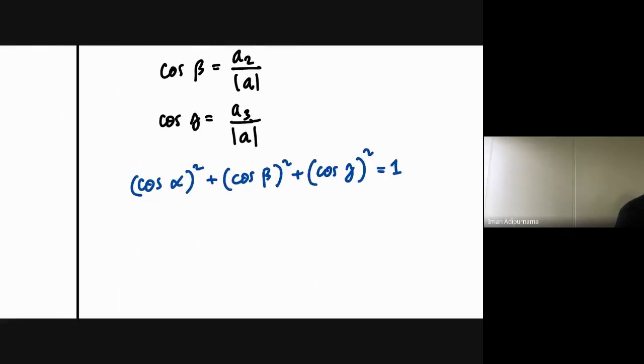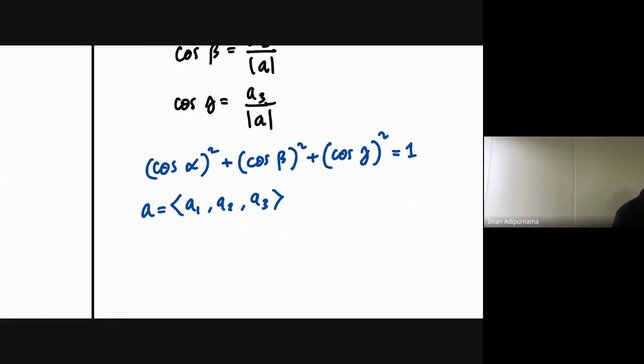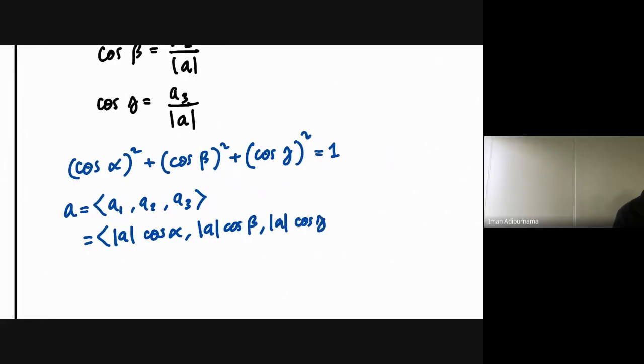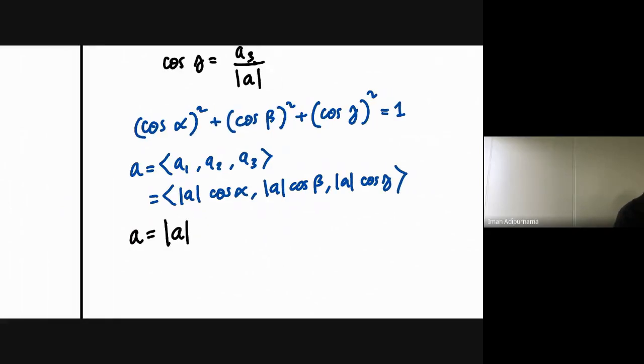And we can also rewrite, so if A is equal to A1, A2, and A3, we can exchange this A1 with cosine. So this will be A cosine alpha, A cosine beta, and A cosine gamma. So we can write A, and we factorize the magnitude.